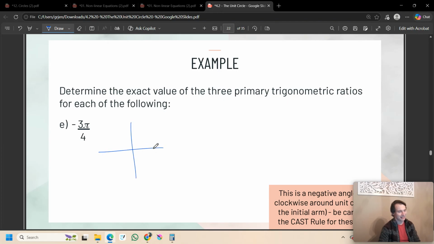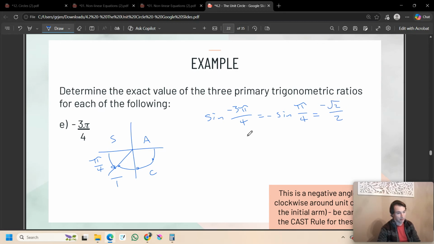Okay. Negative 1/4 pi. Negative 1/2 pi. Negative 3/4 pi. There it is. Here's my related acute angle, which is pi on 4. CAST. Okay, only tangent. Pi on 4 is equal to root 2 on 2, but it's negative.